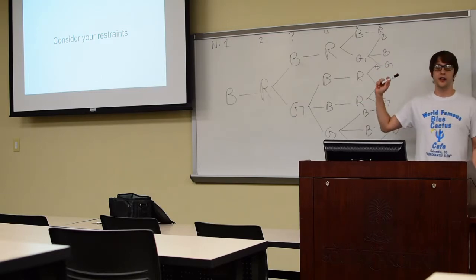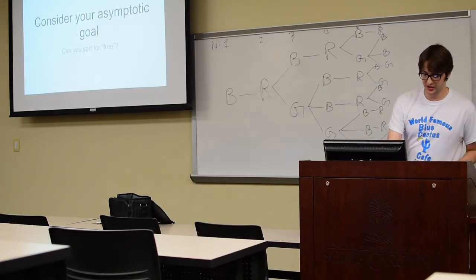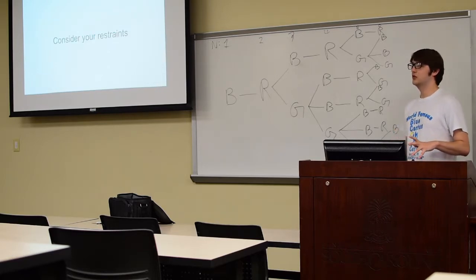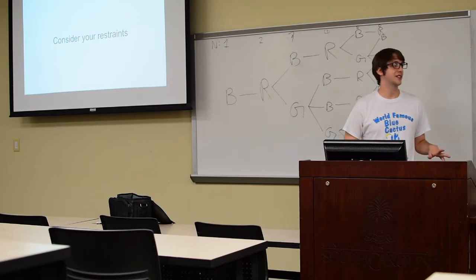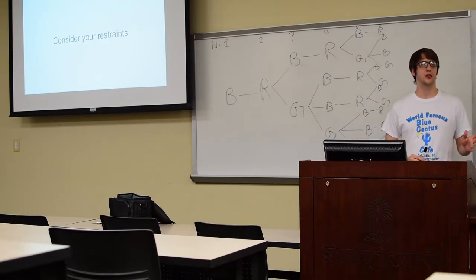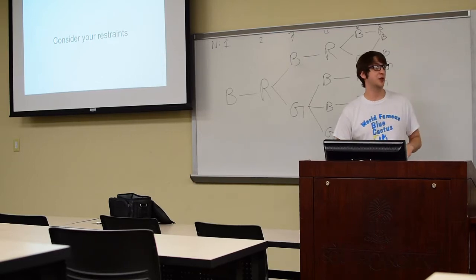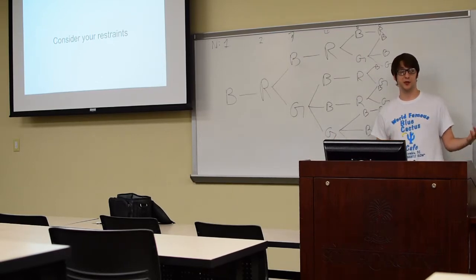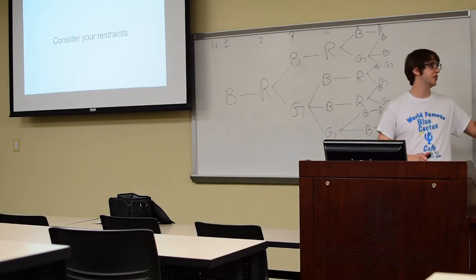All right, so now consider your constraints. Before, and I'll mention the next slide as well, consider your asymptotic goal. We need to talk briefly about what asymptotic goal means, because I don't think you get to this until 146, maybe. If you were here last week for Dan's quantum computing talk, you heard him talk about algorithmic complexity or asymptotic complexity or notation.